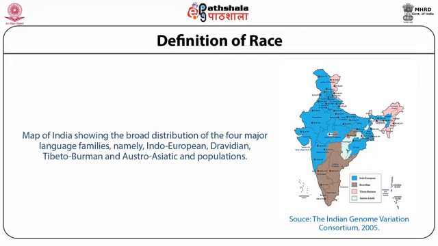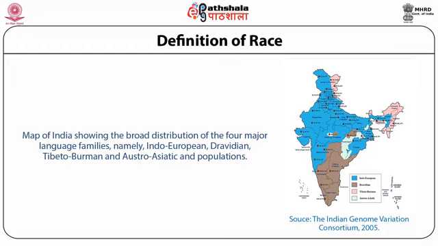The Austroasiatic speakers are exclusively tribals and are dispersed mostly in the central and eastern parts of India. Molecular diversity studies have revealed that Austroasiatic speakers are likely to have been the most ancient inhabitants of India.